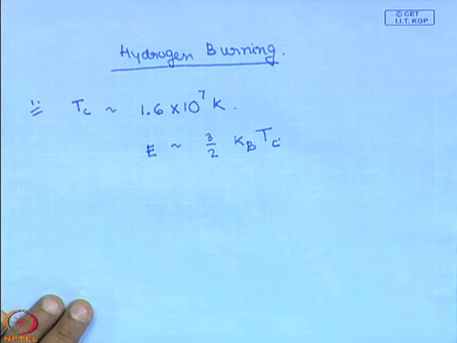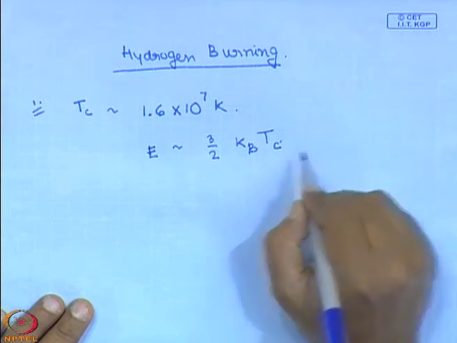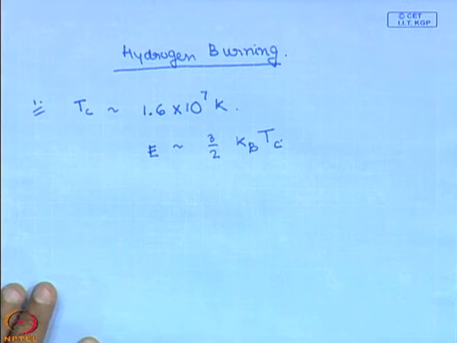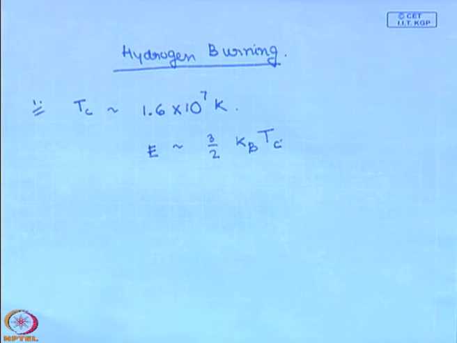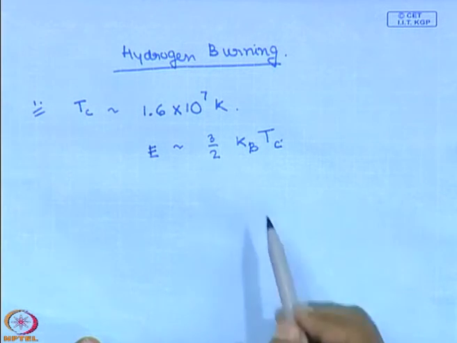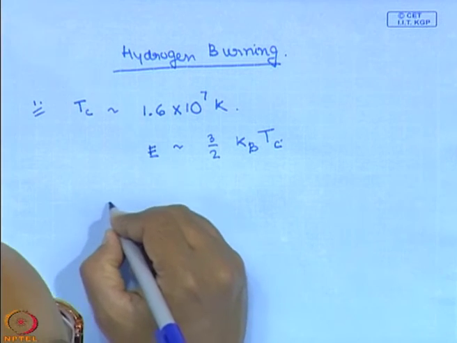The particles inside have a Maxwell-Boltzmann distribution of velocities, and so the kinetic energies also have a spread. The typical, average kinetic energy is of the order of 3 by 2 kBT, and you put in the values.